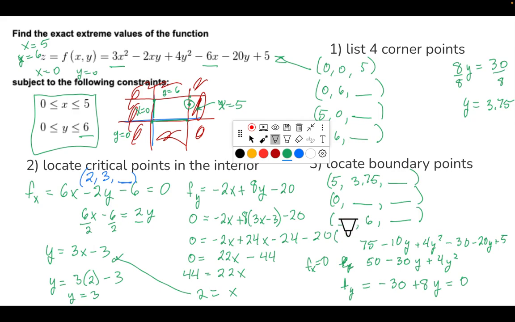And then for this point, figure out what x is, but put in 0 for y, and you'll get 1, 2, 3, 4, 5, 6, 7, 8, 9. So there will be 9 possible max or min points. You plug them all in, get the z values, and whichever is the biggest z value is the absolute max. Whatever is the smallest, and it might be negative, will give you your minimum.